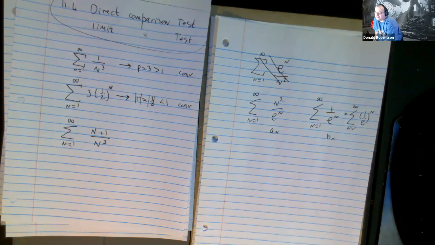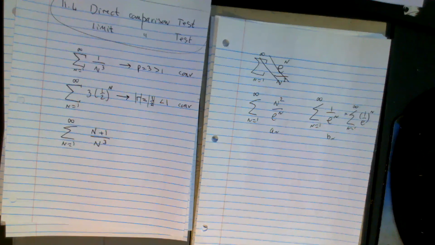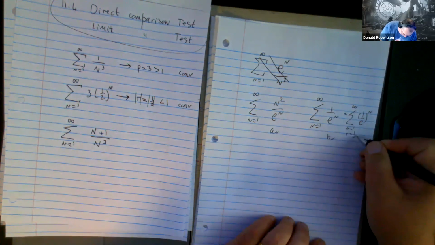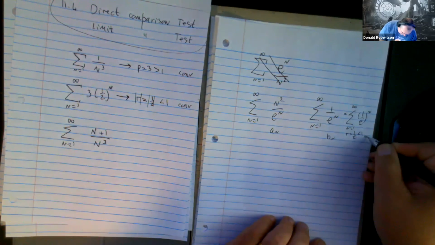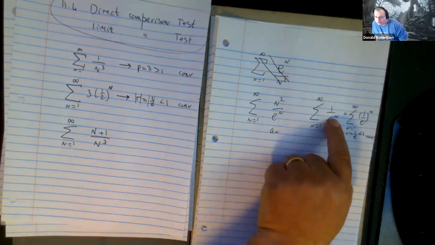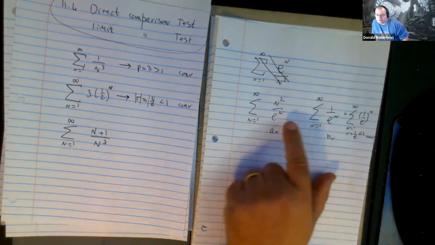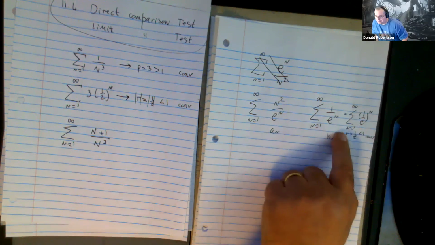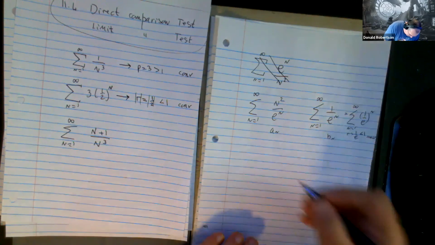Is 1/e less than 1? Yeah. So I know that it converges. So if this is a good comparison, shouldn't the limit comparison test give a number? Well, let's see what we get.